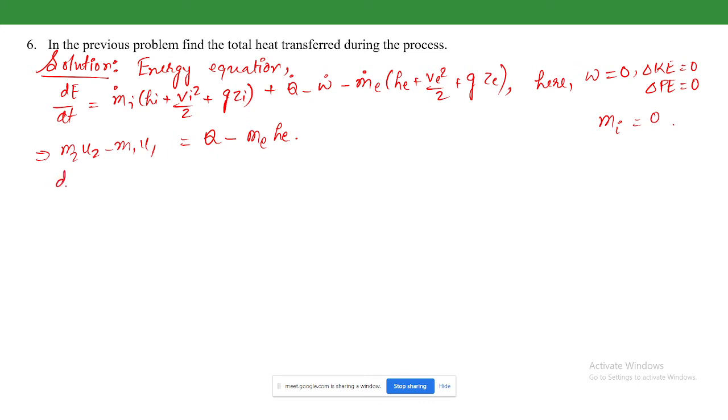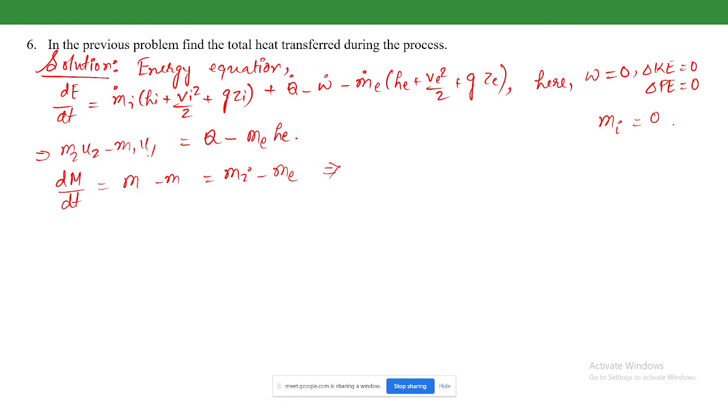Or let me write it here. dm by dt is equal to m2 minus m1, is equal to m_i minus m_e. Since m_i is 0, dm by dt is m2 minus m1, and this will be the change in the mass.